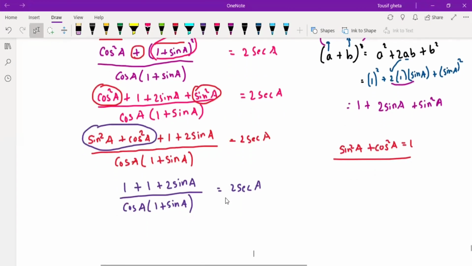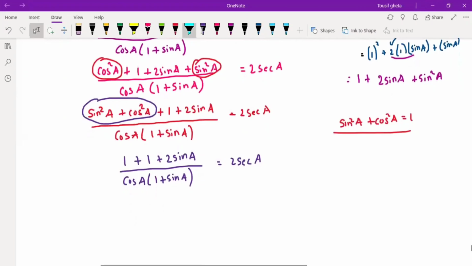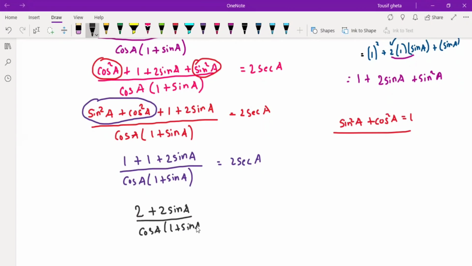The 1 plus 1 we can solve and write as a 2. Yeah, obviously. 2 plus 2 sine a whole divided by cos a of 1 plus sine a is equal to 2 secant a.